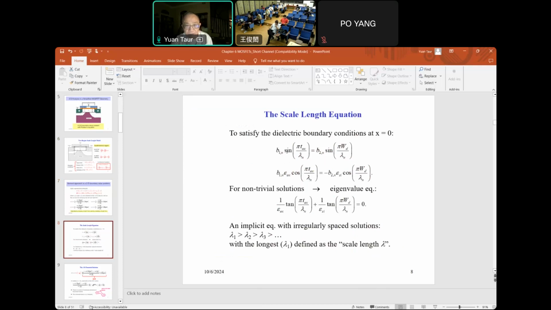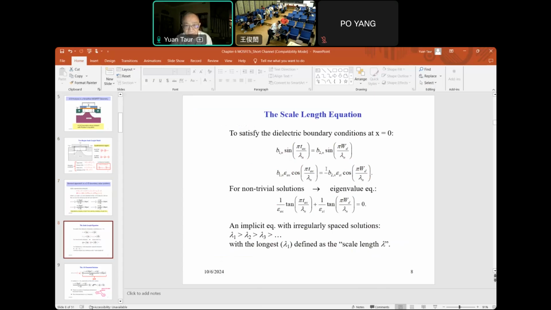Now the trivial solution is, of course, b1n and b2n equal to 0, because these are two homogeneous equations. But we are not interested in the trivial solution. So for a non-trivial solution, that means b1n and b2n are non-zero, so you can take a ratio and then they will drop out.